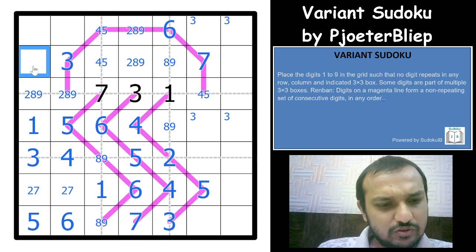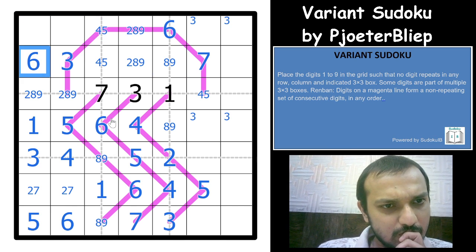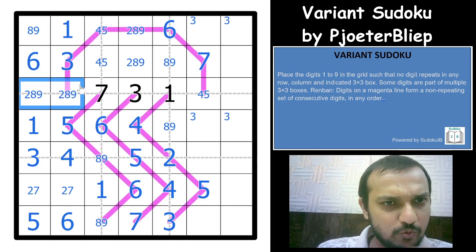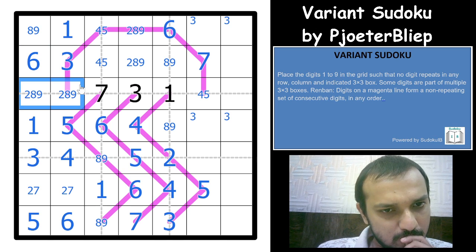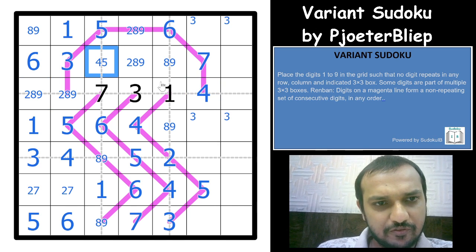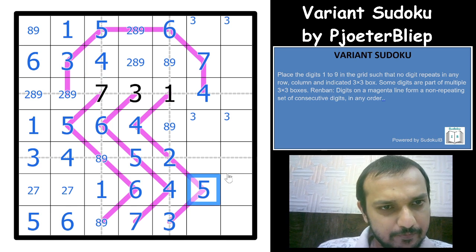So that gives you a 6 here, a 1 here, and this would have to be 8 and 9 because you already have a pointing of 2 here. Oh, this had to be a 4, this had to be a 5 and a 4 because of the 5 here. I missed that.